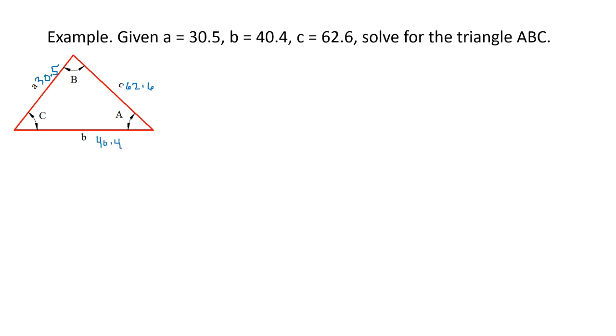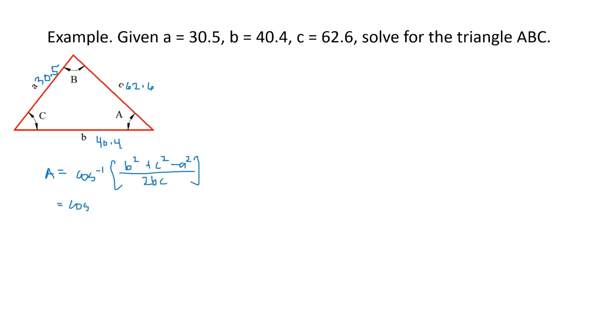So meaning to say we have to solve for the angles A, B, and C. From that, we can use the formulas that we have. For A, we can use A is equivalent to arc cos of B squared plus C squared minus A squared over 2BC.